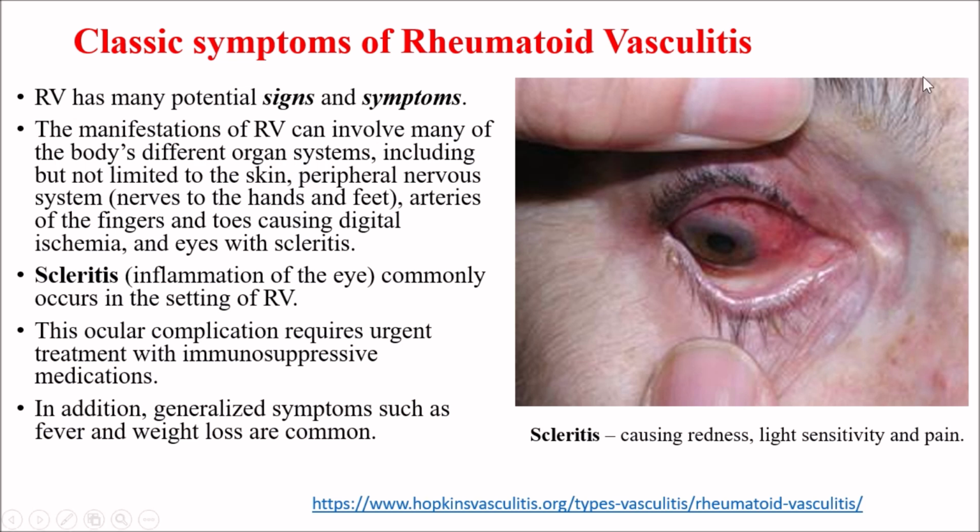Scleritis, inflammation of the sclera, commonly occurs in the setting of rheumatic vasculitis. This ocular complication requires urgent treatment with immunosuppressive medications. In addition, generalized symptoms such as fever and weight loss are common.